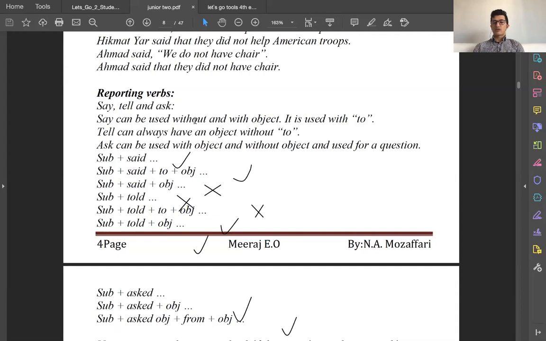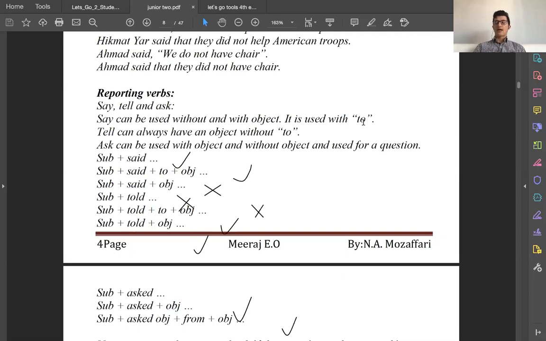Say can be used with and without an object. It is used with to. Every time you use say, it can be used with an object or without an object. But when you use it with an object, you should use to after say. I said to him. I said to you.